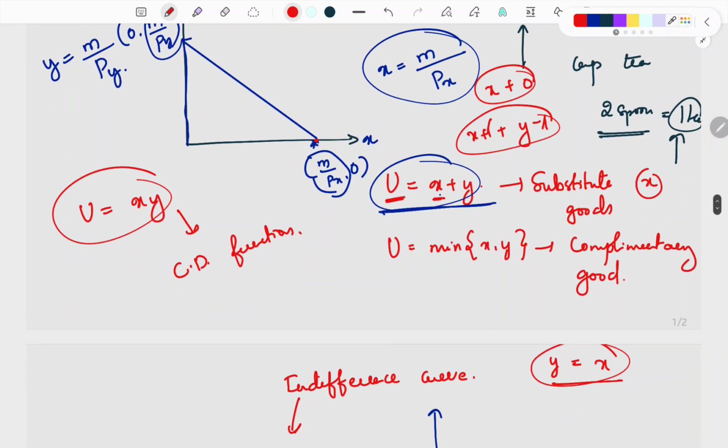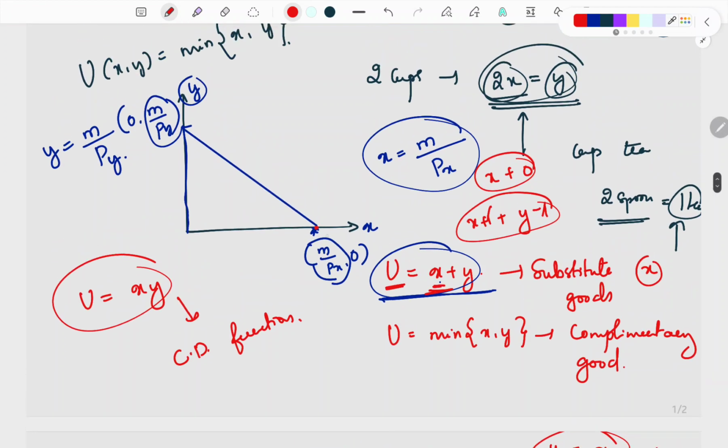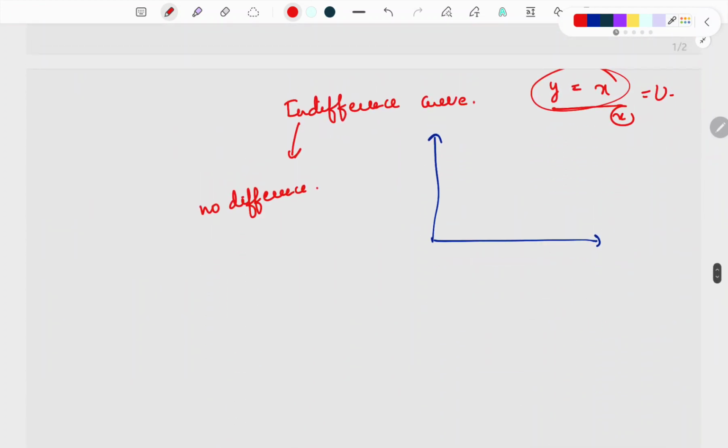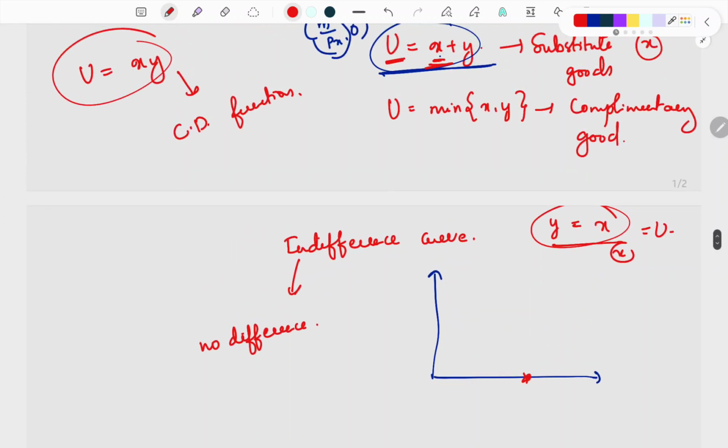Then only you are going to get the same amount of utility, which is u, because this is the maximum utility you are getting. So even that one also takes a point here, like this, and the whole curve gives the same utility. Got it? In this way we will find utility, indifference curves and amounts of goods.